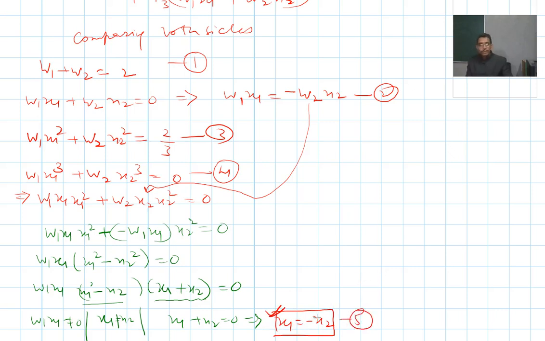Now using this 5 in 2, when I put this value from equation number 5 in equation number 2, then what will happen?